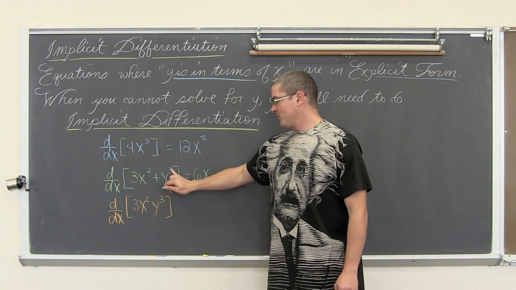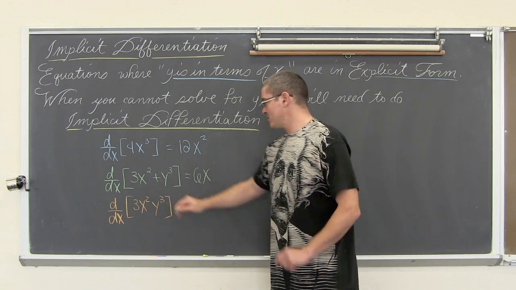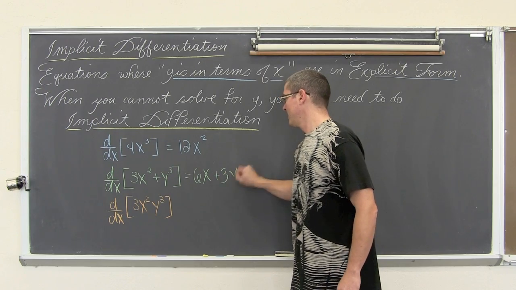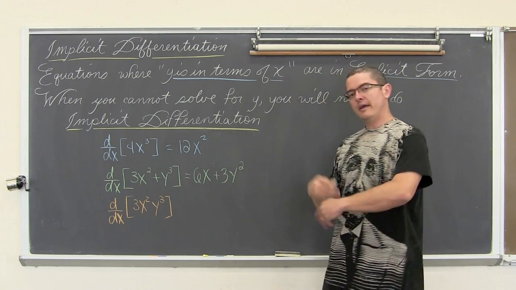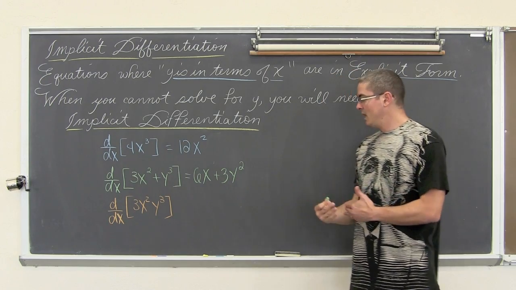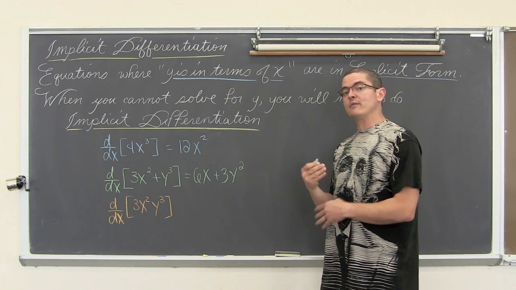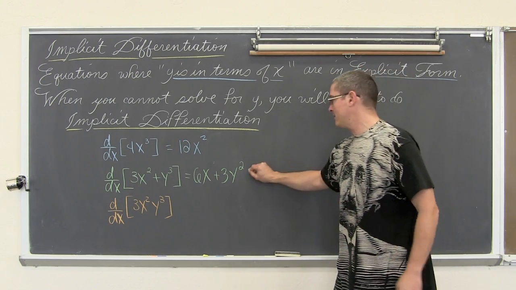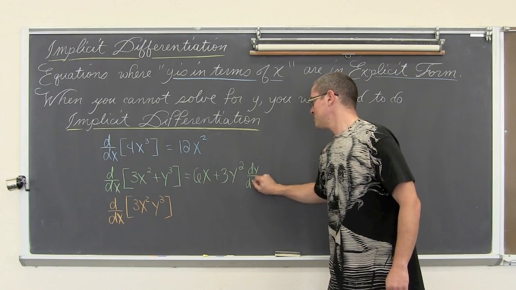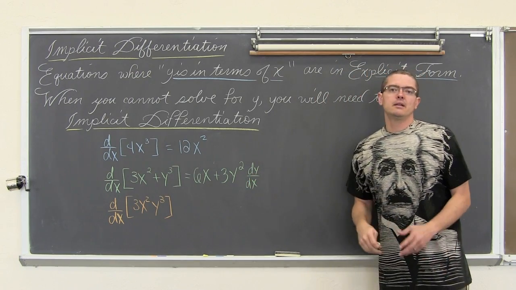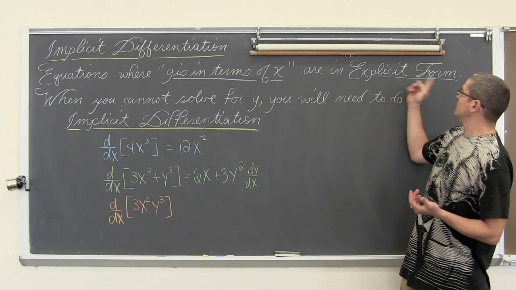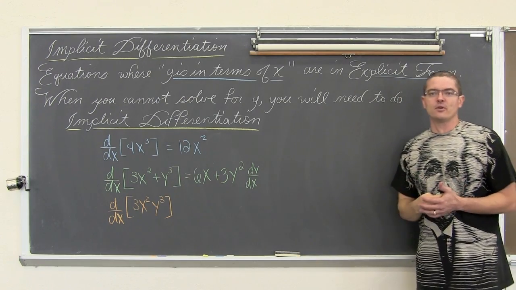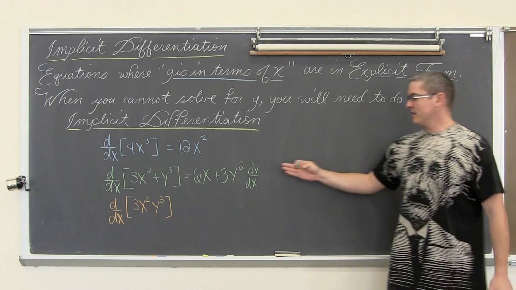Power rule here as well. 3 times 1, which is in front of the y, so 3y. Reduce the exponent by 1, so there's 2. And keeping in the idea of the chain rule, we have to show the derivative of y with respect to x. Now, when we did all of our explicit differentiation, you never really saw me write this.